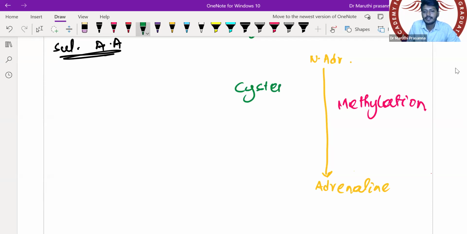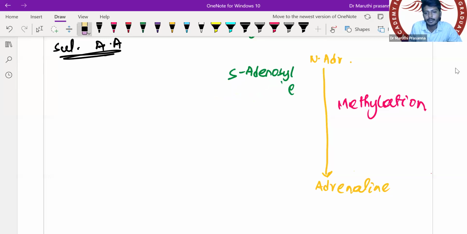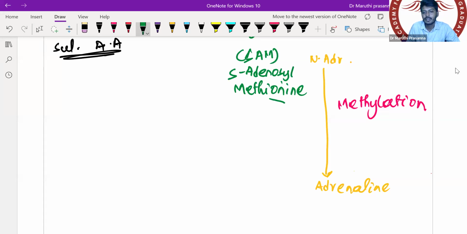Now we have one amino acid, methionine. It is present in the form called S-adenosyl methionine, called SAM. Sorry, I made a mistake earlier. This SAM will donate the methyl group to noradrenaline, and it will form adrenaline.